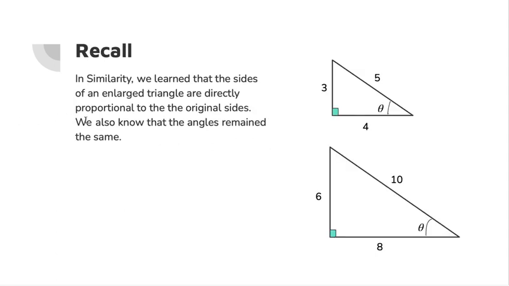We recall that in similarity, we learned that the sides of an enlarged triangle are directly related to the original sides. We also know that the angles remain the same.